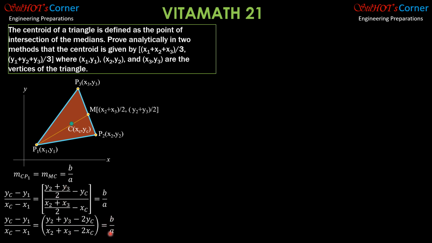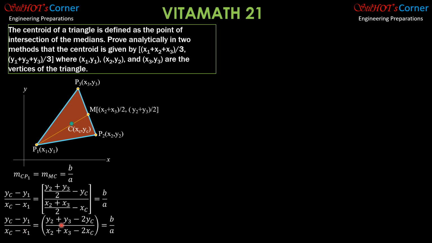And the ratio is still B over A. Now if we cross multiply or interchange this y2 + y3 - 2yc as the denominator here, since the numerator is in general B, then the ratio would now be B over B. Likewise, if xc - x1 is now in this position here in the numerator, and remember that the slope is B over A, then that would now be A over A also, which is 1.